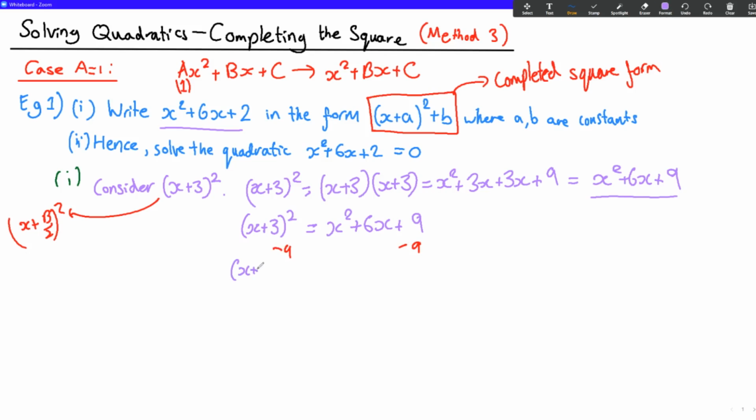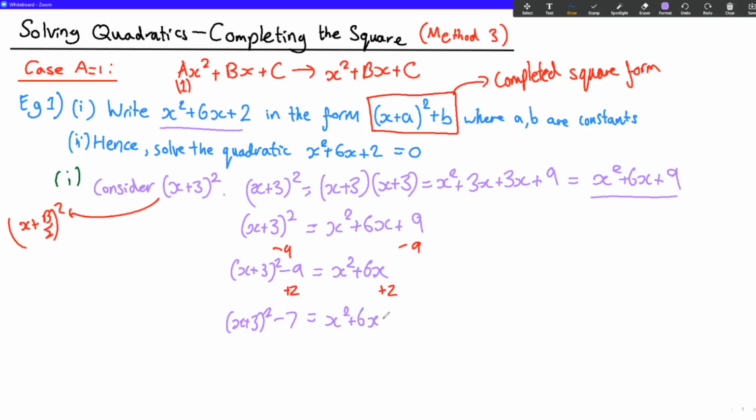So we'll get x plus 3 squared minus 9 equals x squared plus 6x. And to get to this, all we have to do now is add 2 to both sides. Like so. So this becomes minus 9 plus 2, so that's minus 7.